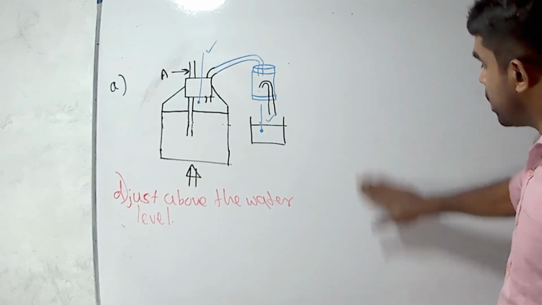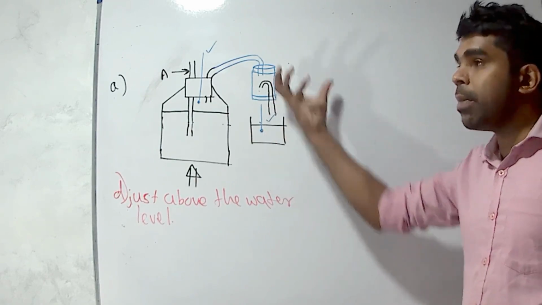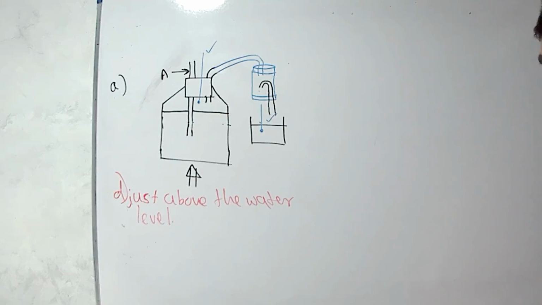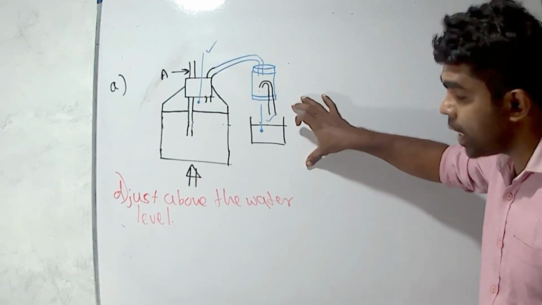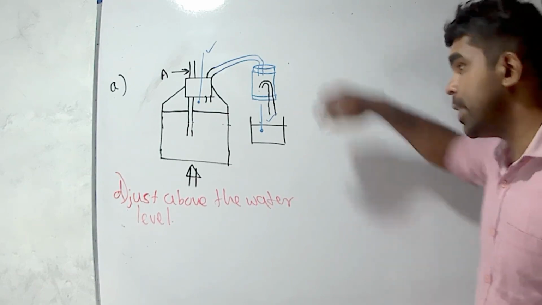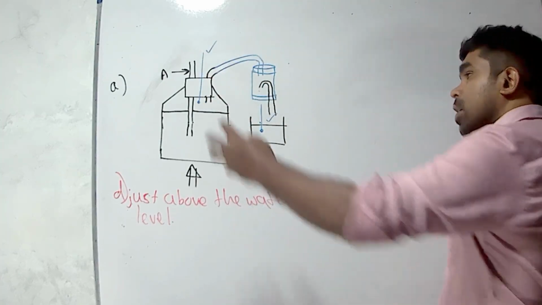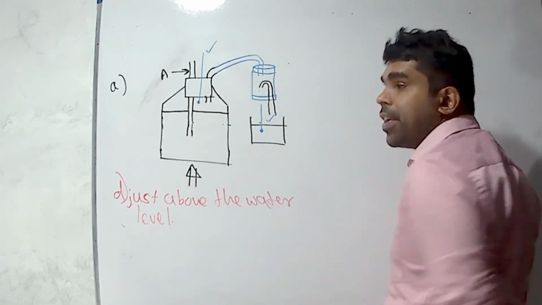And the second measurement is the maximum temperature reached by the water in the calorimeter. But before getting those two readings, we have to confirm that the temperature of steam generated by the steam generator is 100 degrees.